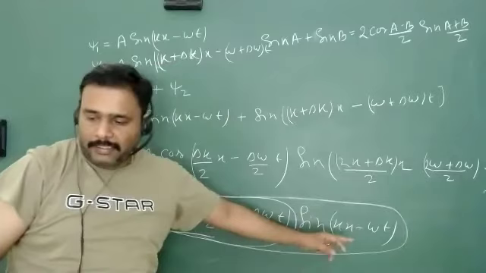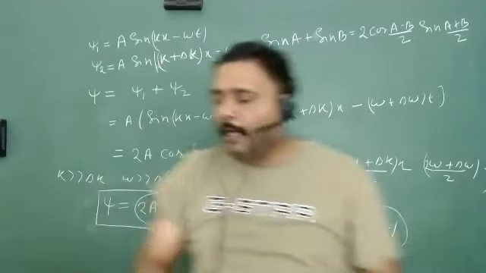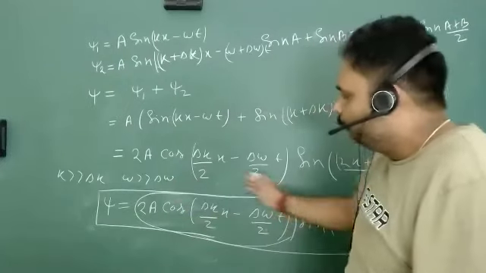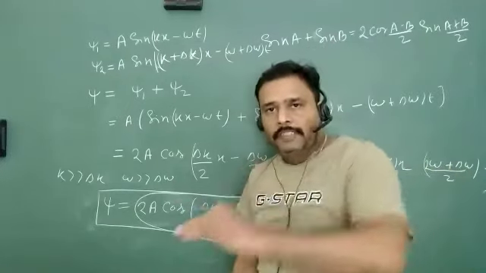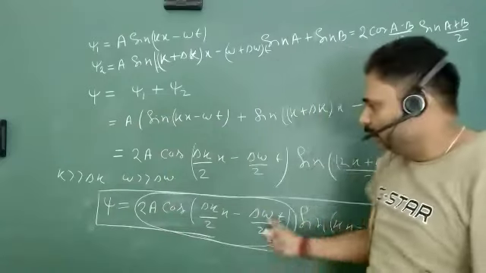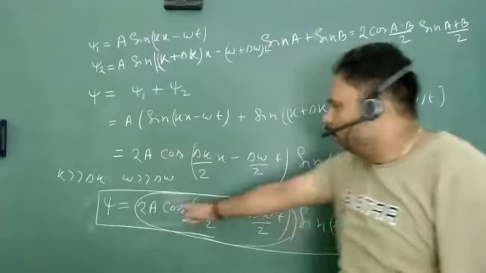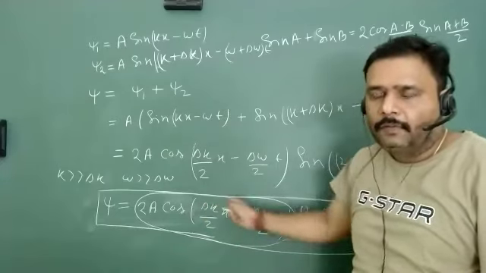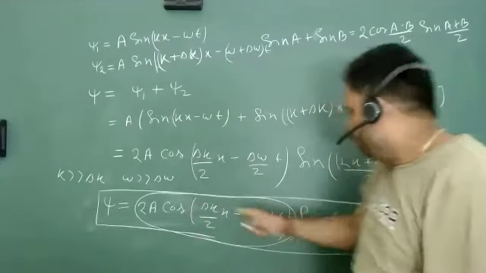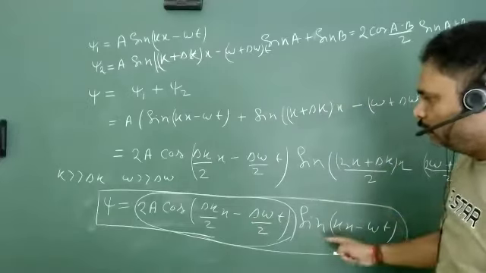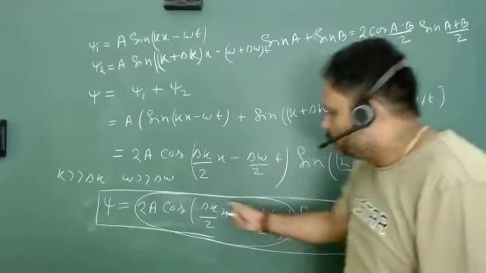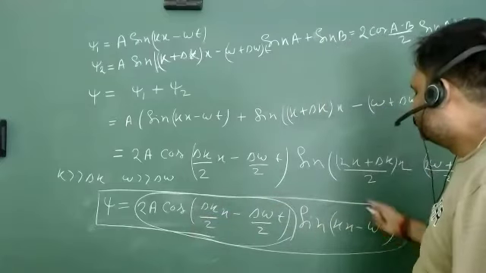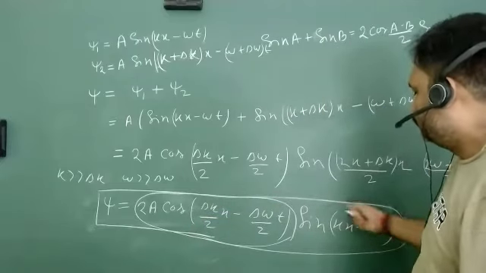This amplitude term is also moving just like a wave, because it is cos(kx minus omega t) kind of situation. So there are two velocities, one associated with the amplitude and another associated with this particular part.